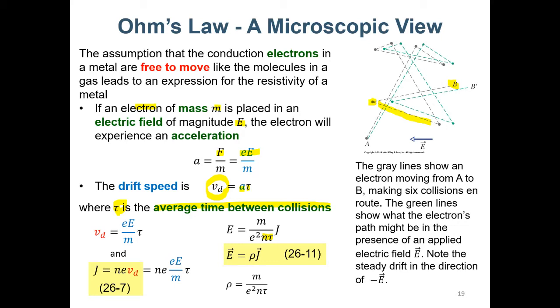Maybe not exactly, I think, but it is very close to a constant. So this can help us explain why Ohm's law may be correct. Here we know that E equals rho J, so rho should equal this stuff.